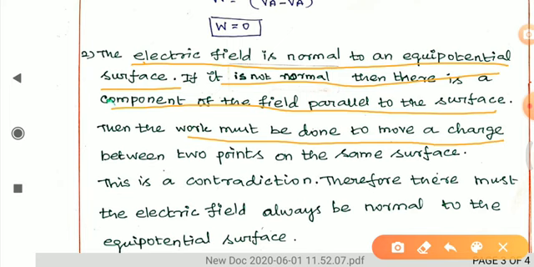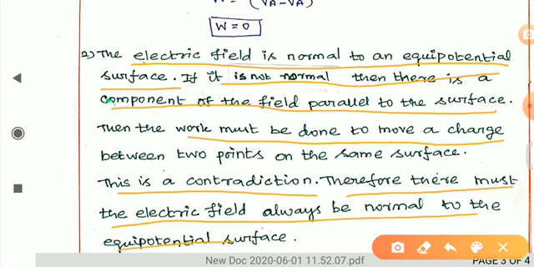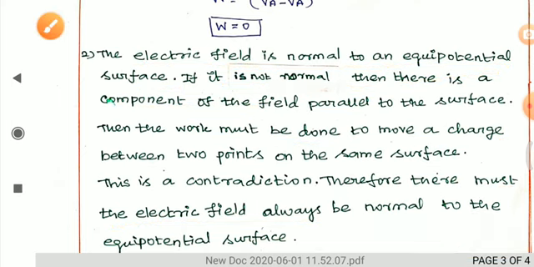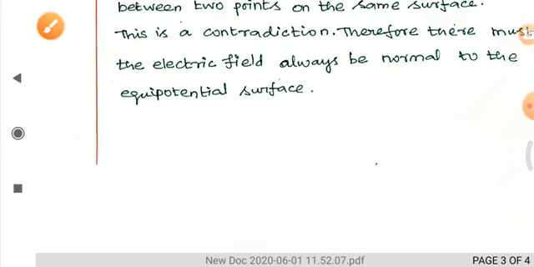But this is a contradiction, because in nature it is not possible. Always the electric field will be perpendicular to the plane of the equipotential surface. Therefore the electric field is always normal to the equipotential surface. This is the second important point.